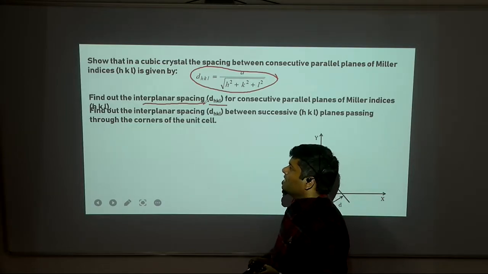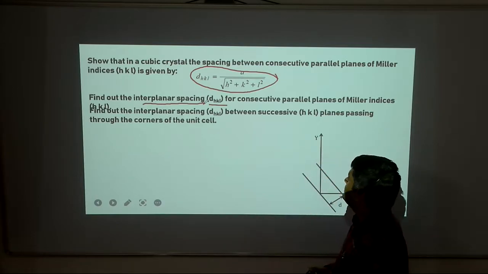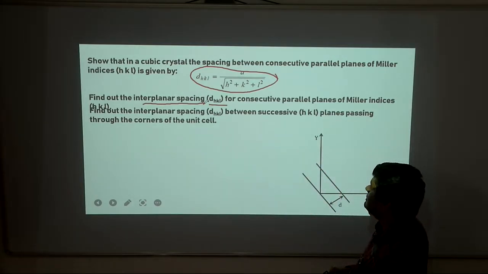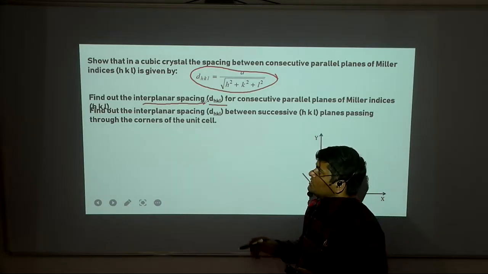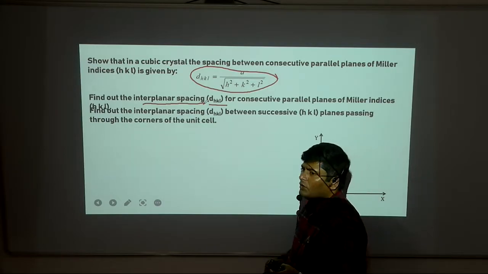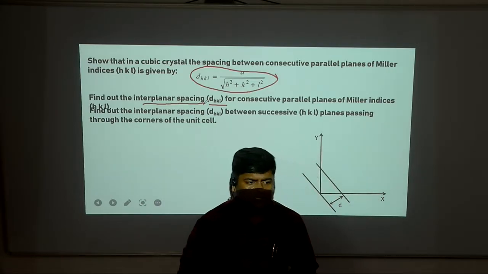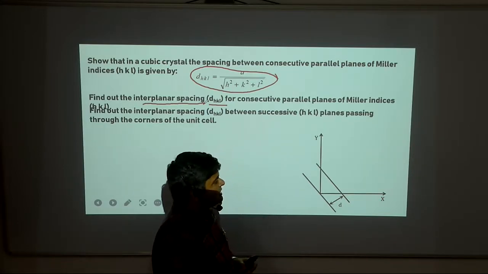Another question that can be asked: find out the interplanar spacing d_HKL between successive HKL planes passing through the corners of the unit cell. So such different types of questions can be asked in order to show or find the interplanar spacing of the cubic crystal structure system or any type of crystal structure system.